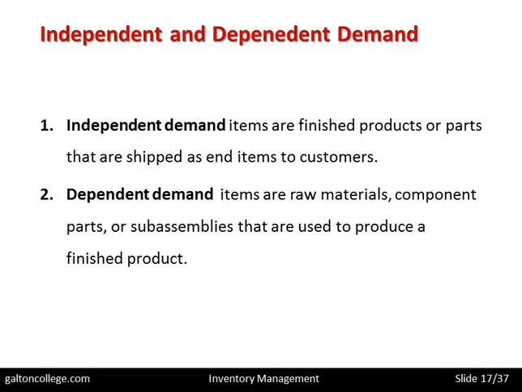So the dependent demand depends really on what demand customers are going to make for this particular product. The more the customers want it, the more raw materials and components and so on will be needed. But the demand for those components is dependent upon the final demand. The independent demand is the customers demanding the final product, which is shipped to the customers.